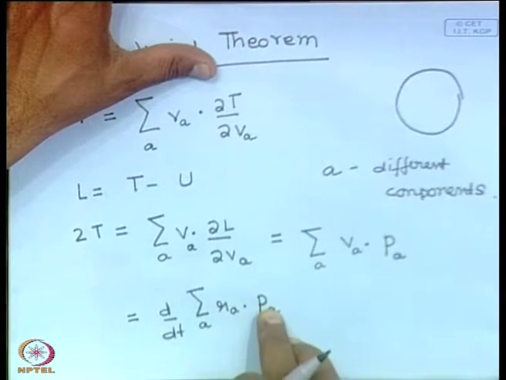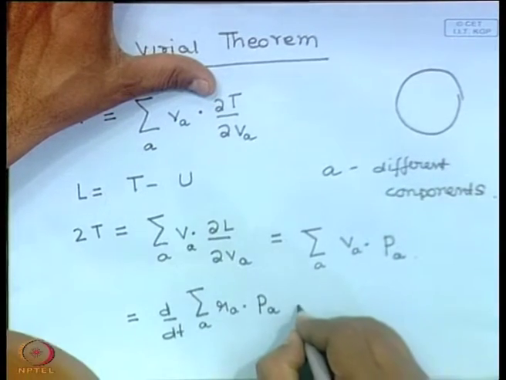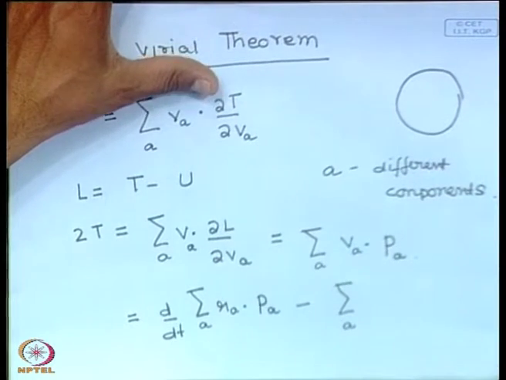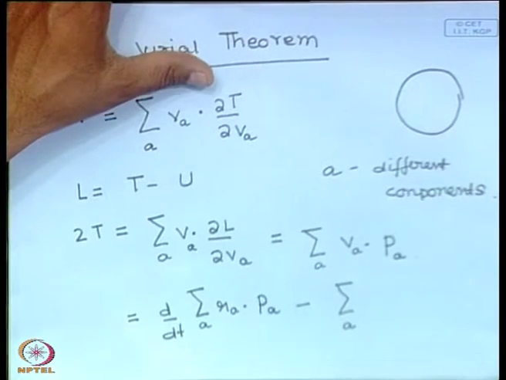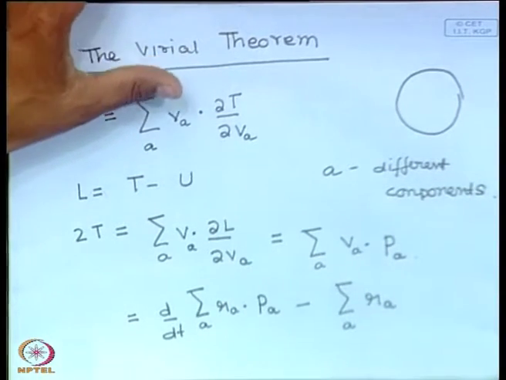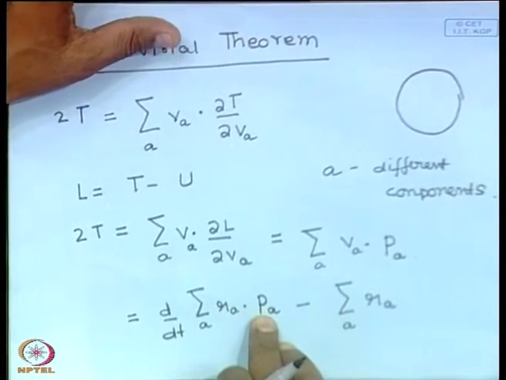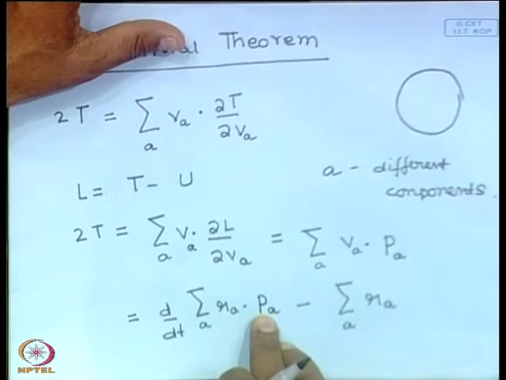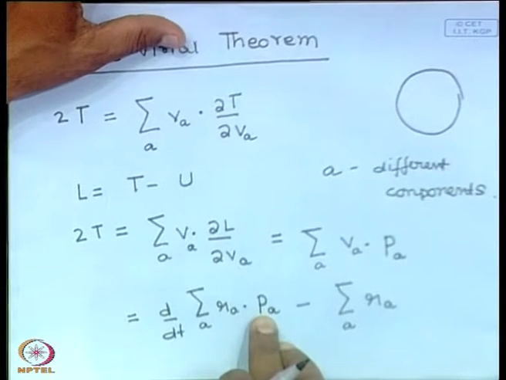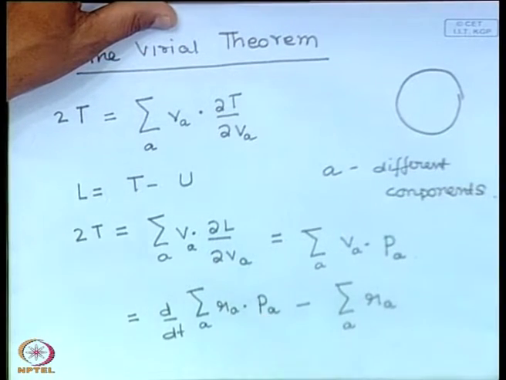If I differentiate p, I will get an extra term which I have to subtract out. So, I have to subtract out a term which is the sum over A of r_A dot p_A-dot, and the time derivative of the momentum we know is the force, and the force can be written as minus the gradient of a potential.